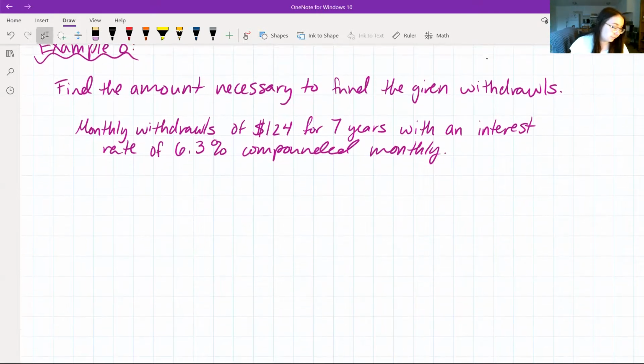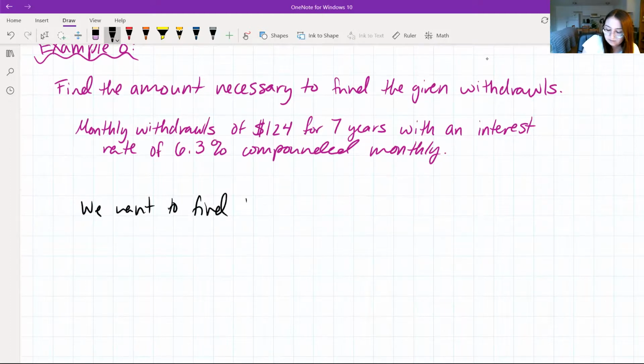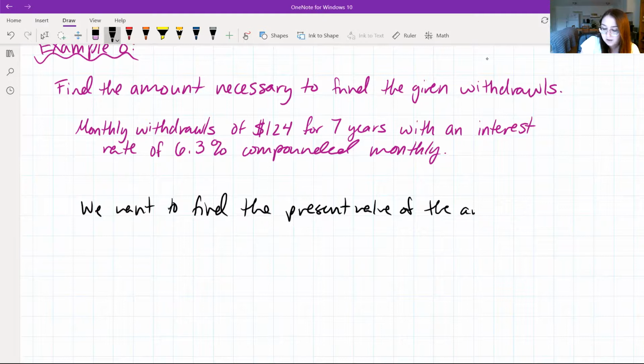So what we want to do is find the present value of the amount in order to make these withdrawals.